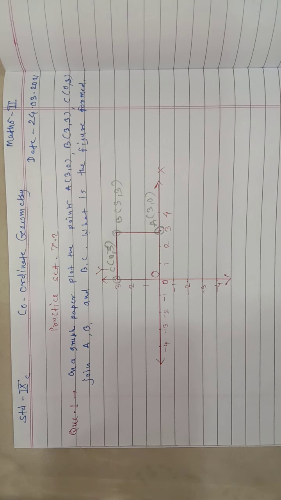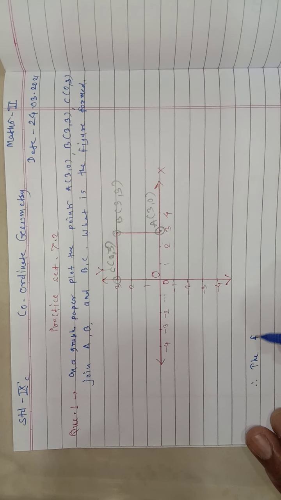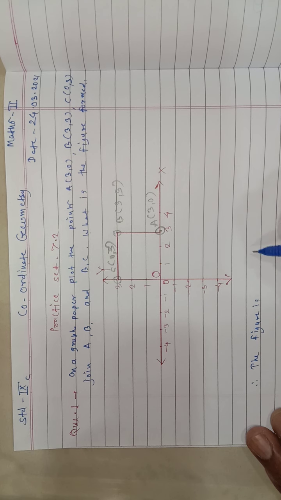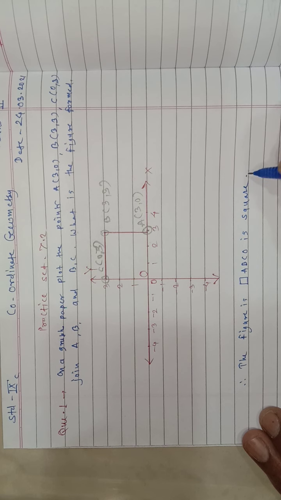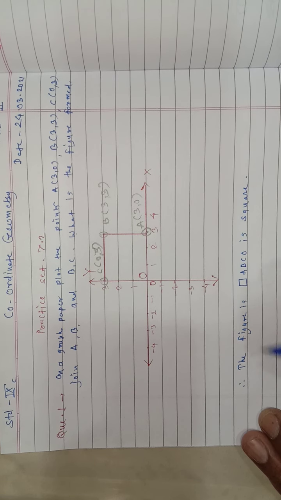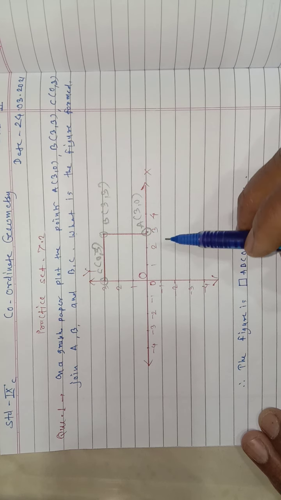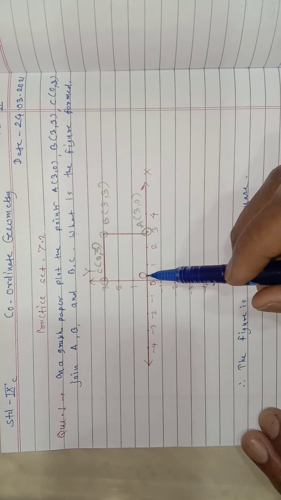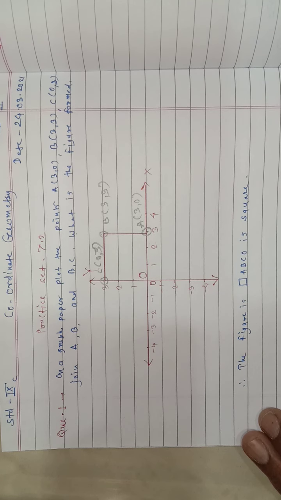Therefore we write: quadrilateral ABCO is a square because the length of every side is 3 and all the angles at A, B, C and O are right angles.